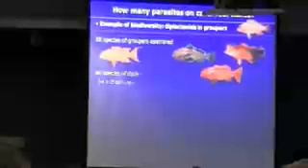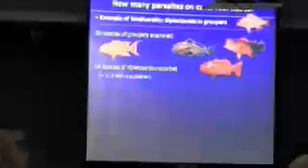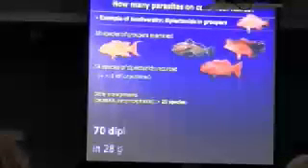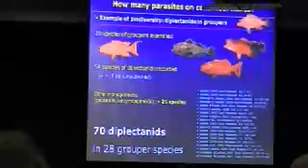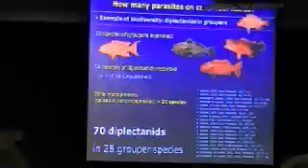So, an example with groupers: we examined 28 species. We found about 50 species of diplectanids, and also a few other monogeneans. So finally, we published about 70 species of diplectanids. Most of them, of course, were new.